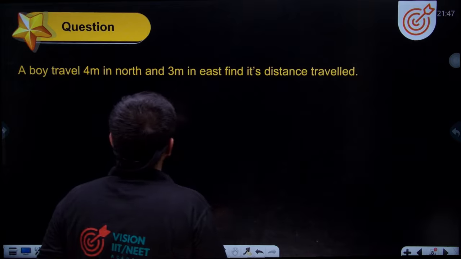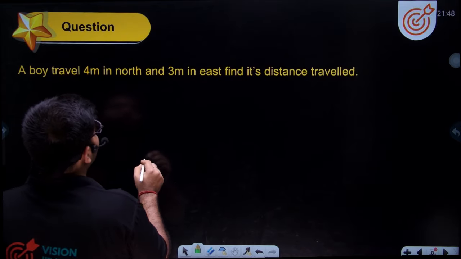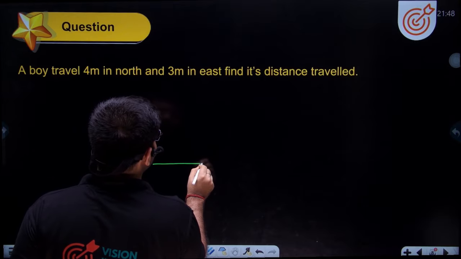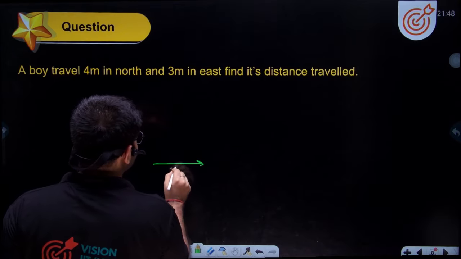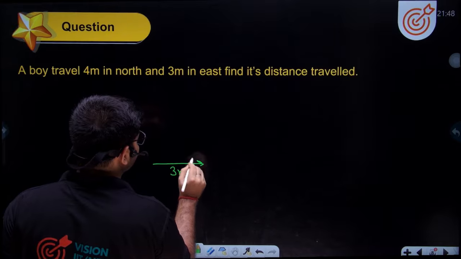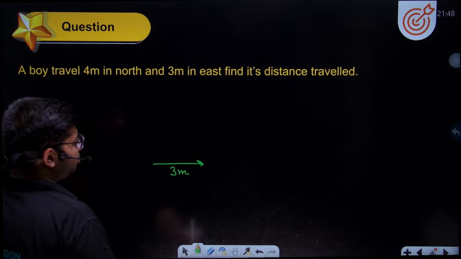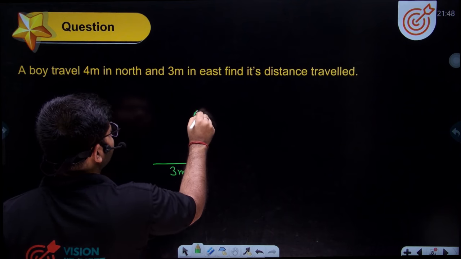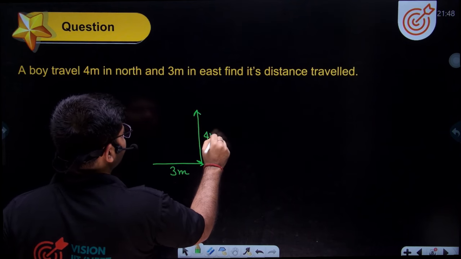Let us see. So someone is covering 3 meters in the east. So this is 3 meters, right? Followed by 4 meters in the north. This is 4 meters.